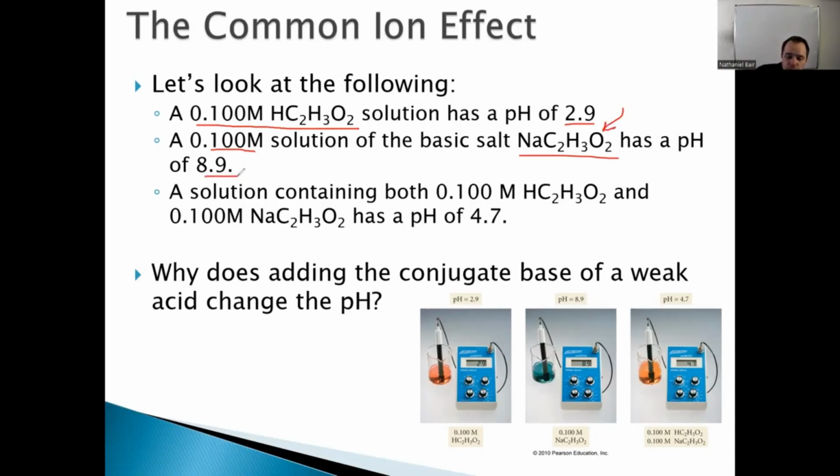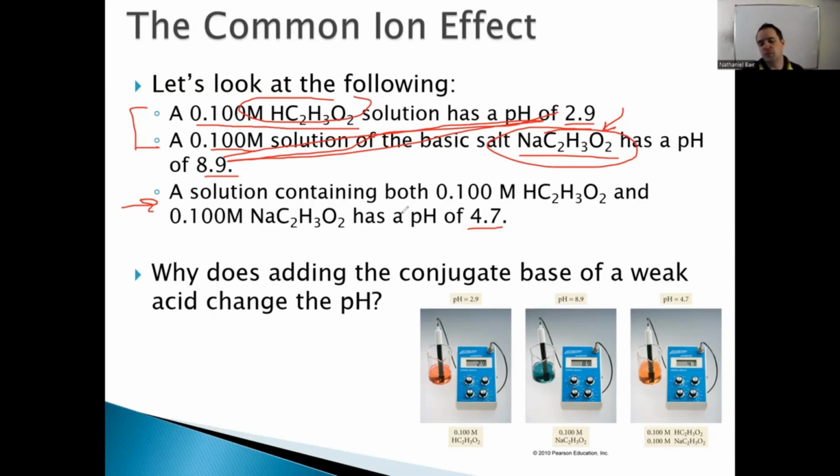You get a pH of 8.9. So if I mix these two together, the weak acid and its conjugate base, you should predict that the pH is going to be somewhere between 2.9 and 8.9. Where does it end up falling? 4.7. 4.7 is what the pH ends up being.